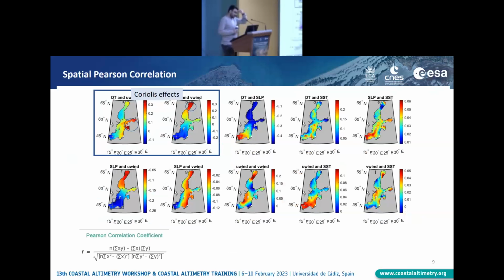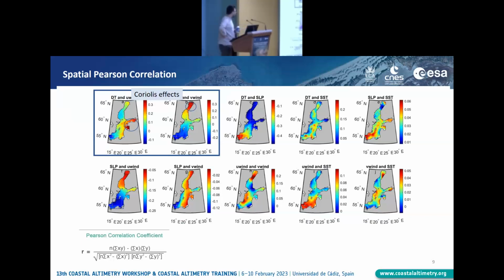First, we did some feature engineering between the predictors. As you can see from the top left figure, the wind components U and V had great correlation with our DT, and also the sea level pressure had a correlation of around 40% with DT for most of the Baltic Sea points.